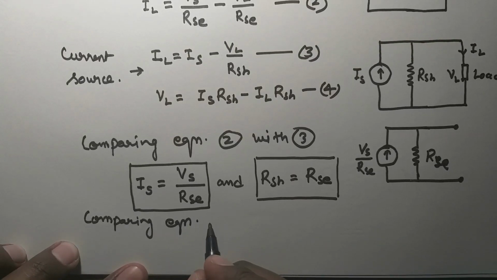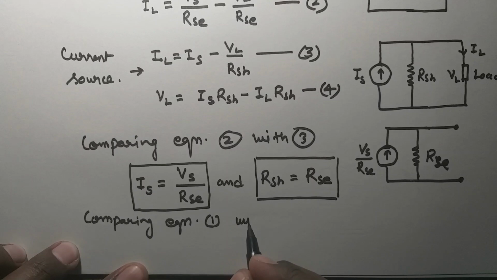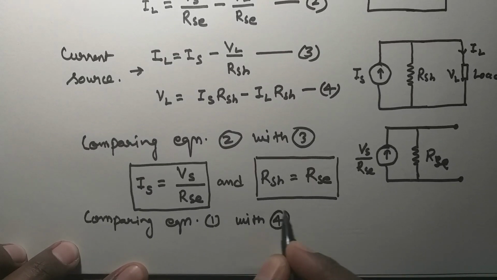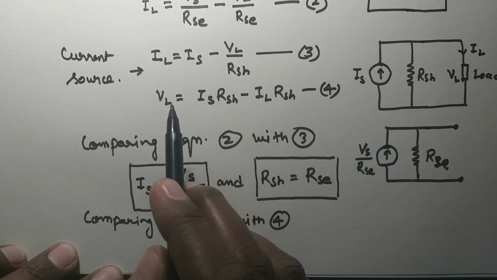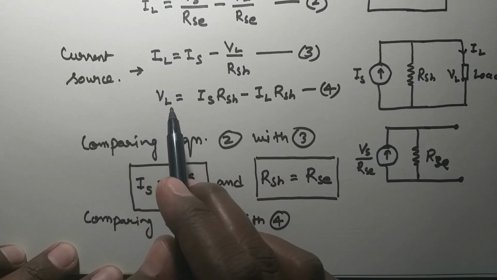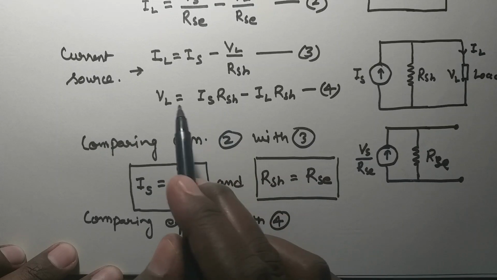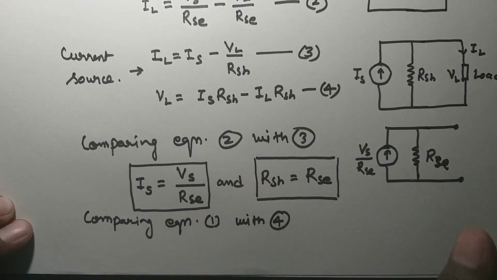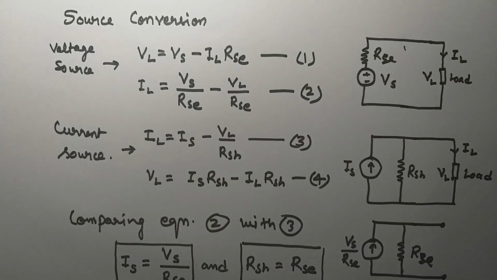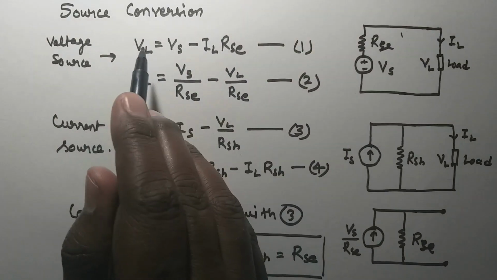equation 1 with 4. So we are provided with this current source whose characteristic equation we have written in the form of VL, and we can compare this characteristic equation with the characteristic equation of a voltage source.